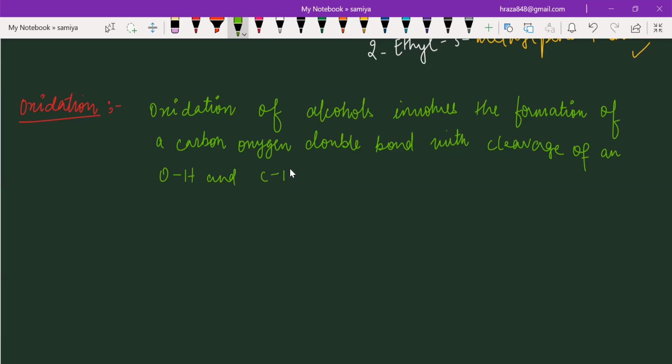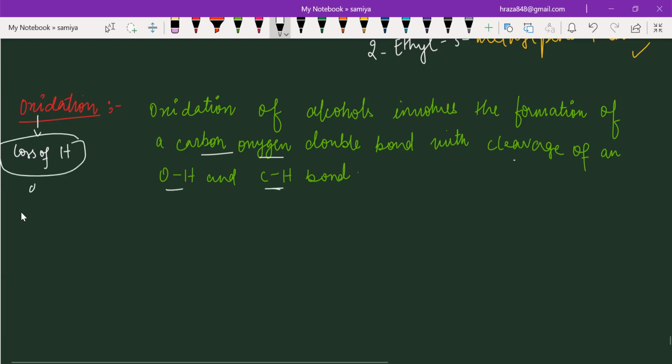It's very simple. Whenever alcohol is oxidized, a carbonyl group forms. That means a carbon-oxygen double bond will form. And how does it oxidize? The cleavage of the O-H and C-H bonds. As you know, oxidation means loss of hydrogen, or gain of oxygen.